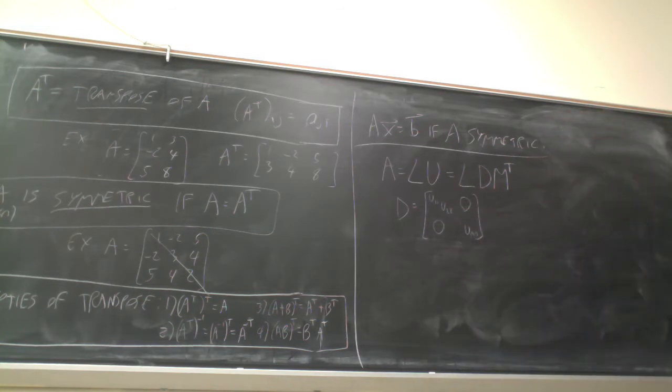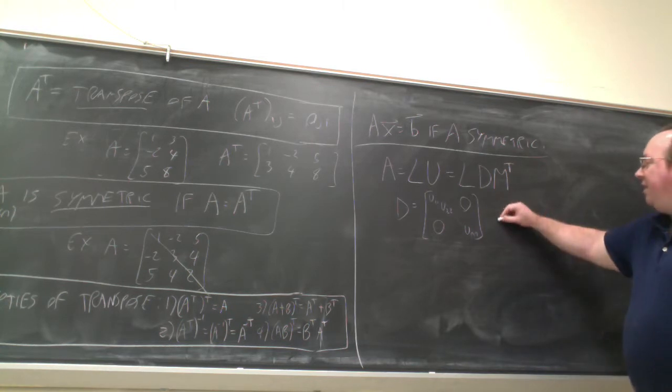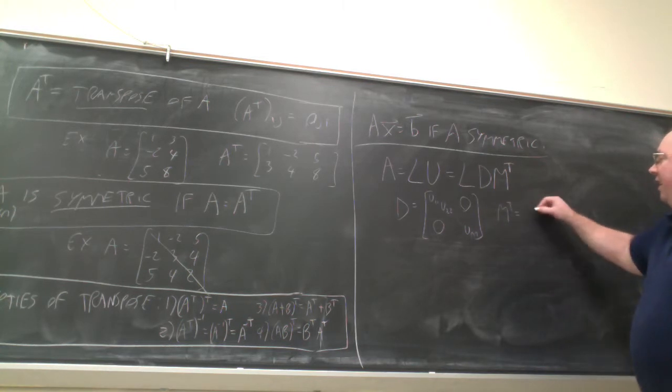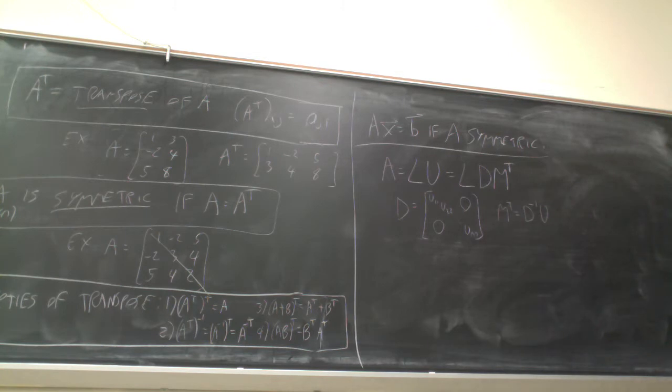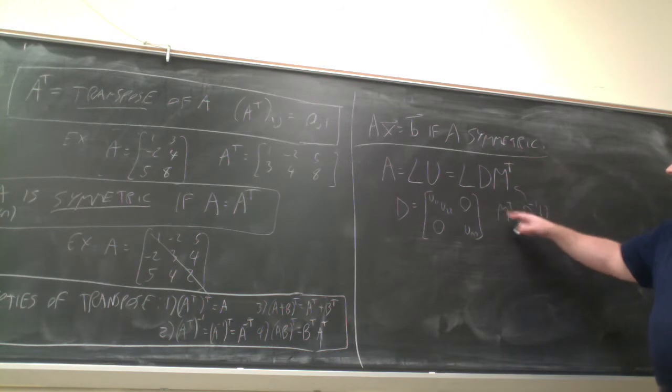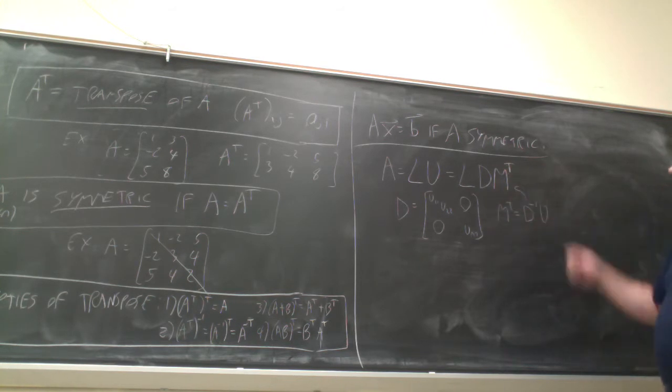Everything else is 0. And then M transpose is equal to D inverse times U. So if I put this in here, I have L D D inverse U, but D and D inverse cancel out, and you're back to LU.